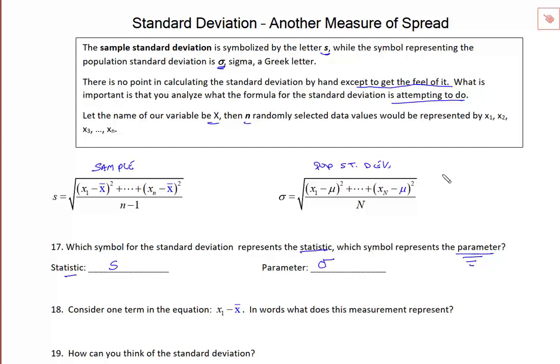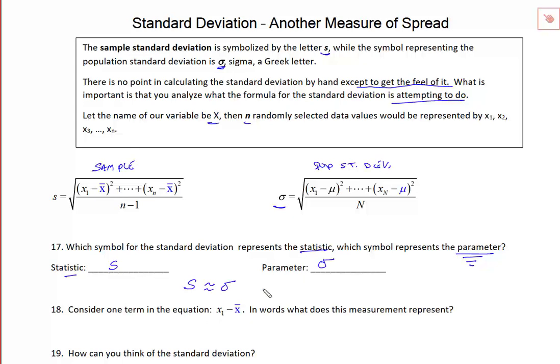How often will we know this value, sigma? The answer is almost never. There are cases, like Chinkims of chance, where we do know this value. So the whole point of the sample standard deviation is to estimate. S is an approximation to sigma.